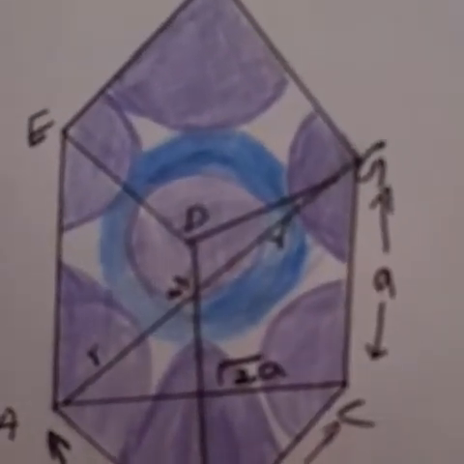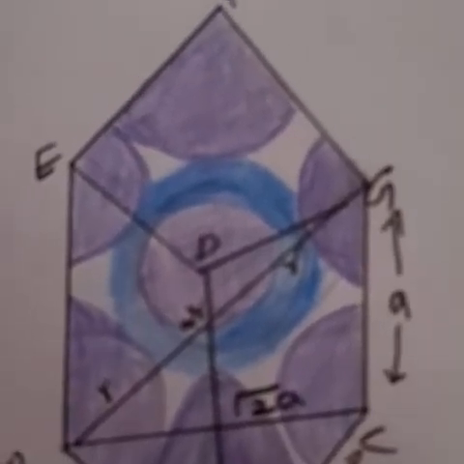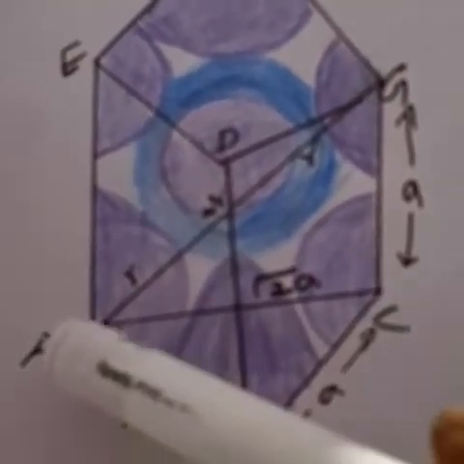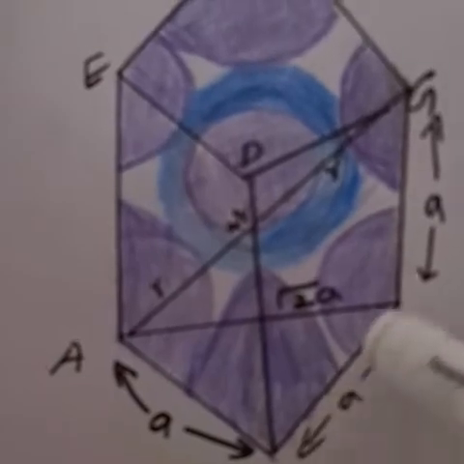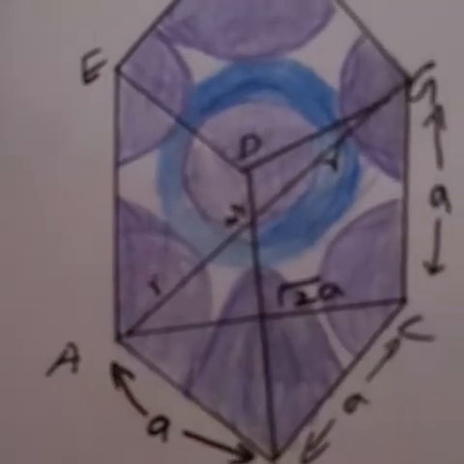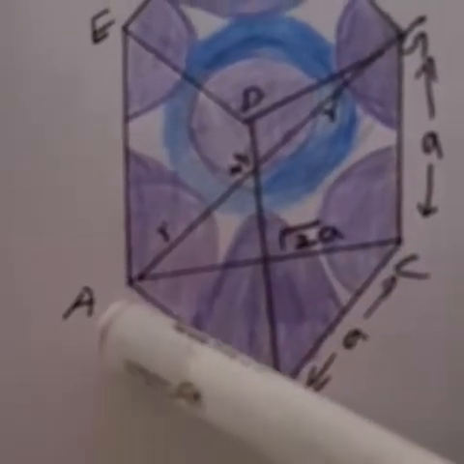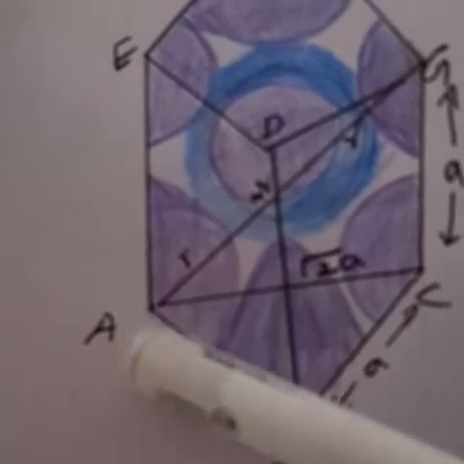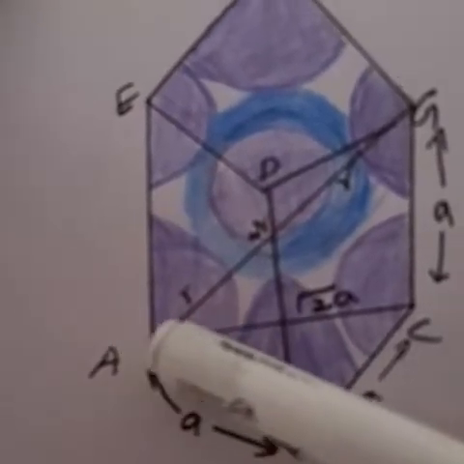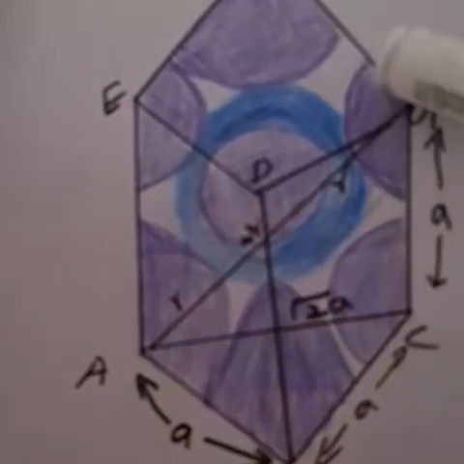I am taking two triangles. One is triangle ABC. Please look at the figure, all of you. Triangle ABC, and another one is triangle ACG.